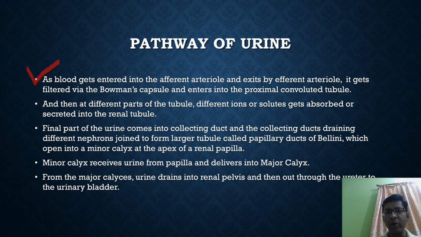The arteriole which enters the glomerulus is called the afferent arteriole, and the one which exits is called the efferent arteriole. So blood enters via the afferent arteriole and exits via the efferent arteriole. The pressure created between the loops of these blood vessels produces some excreta. It gets filtered via the Bowman's capsule and enters the proximal convoluted tubule. The starting of urine is from here only.